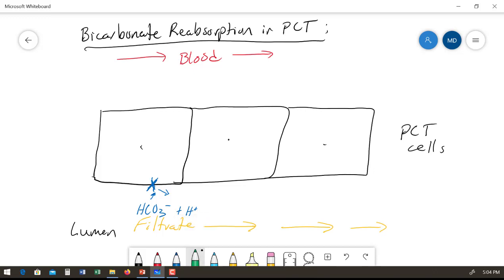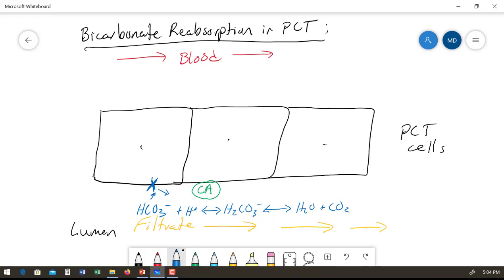So what your body does is it puts what's called carbonic anhydrase. That's an enzyme that converts bicarbonate and hydrogen, and it can go in either direction here, into carbonic acid. Now this carbonic acid is also going to convert into water and carbon dioxide.